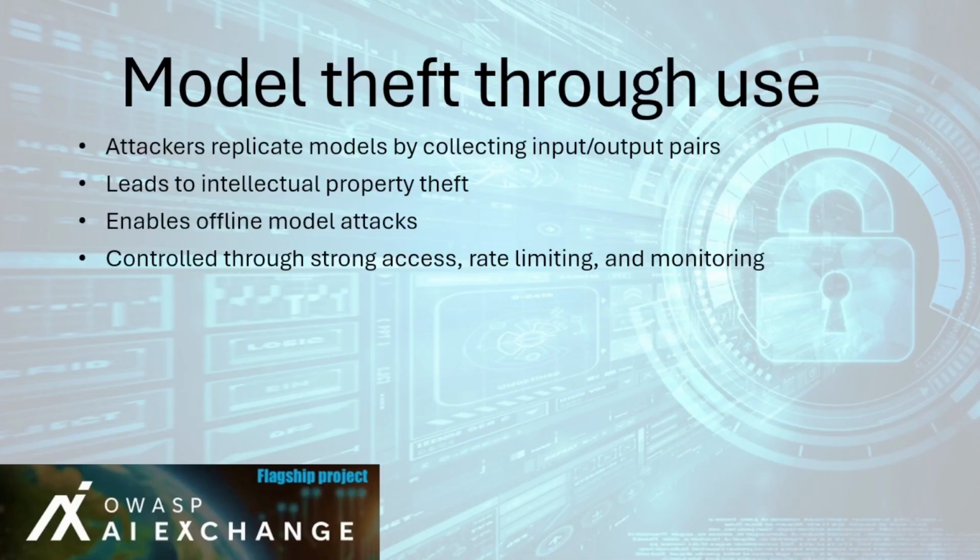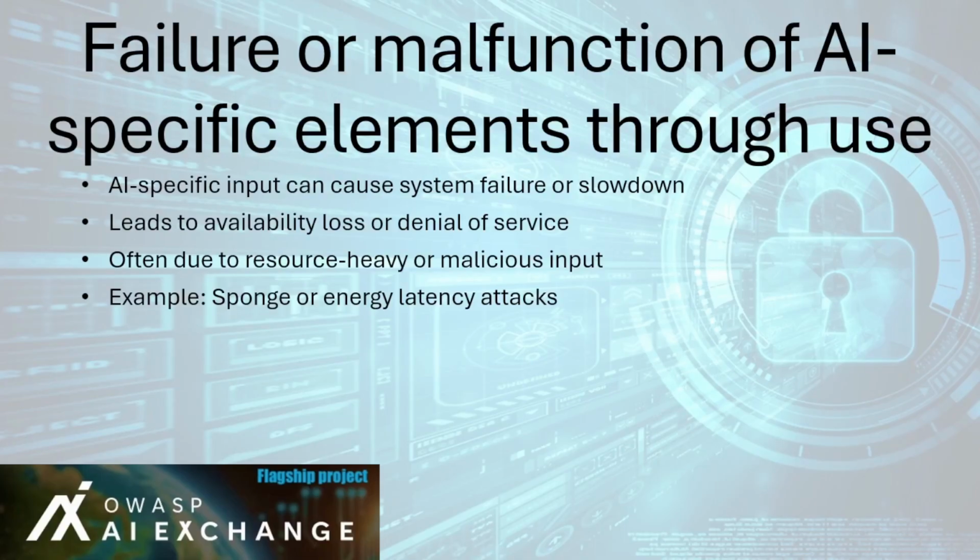Controls for model theft through use are as follows: general controls, especially management controls, and controls for threats through use. Failure or malfunction of AI-specific elements through use. This threat occurs when input to an AI system overwhelms its computational resources, causing it to slow down or become unavailable.